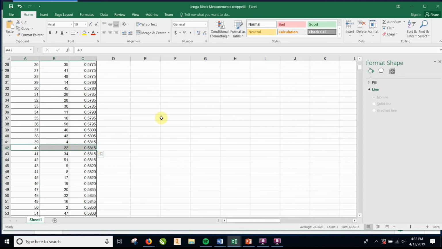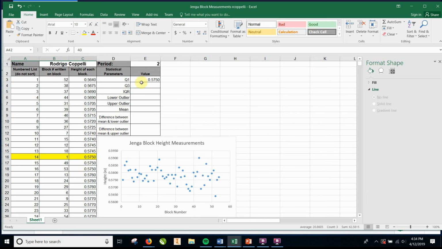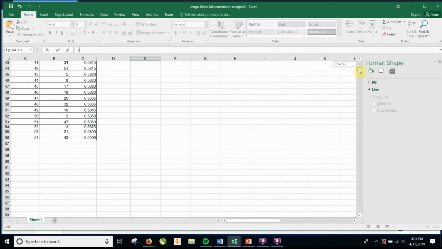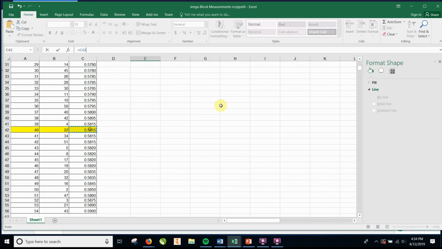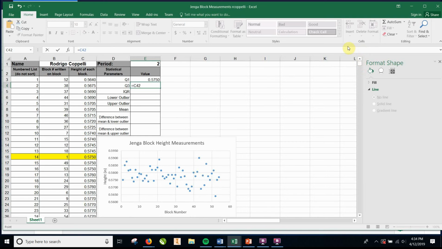So this right here is my third quartile. And again, this is cell C42. I'm going to use a formula here, because you should get adept at formulas in Excel. I'll say equals, let me go down, C42, enter. So that right there is my third quartile.